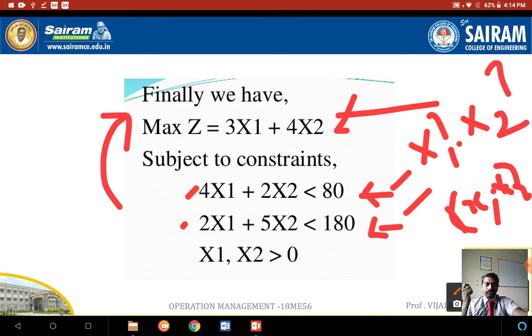That is the graph we have to draw. And now this is the method of how to convert the problem statement into equations.